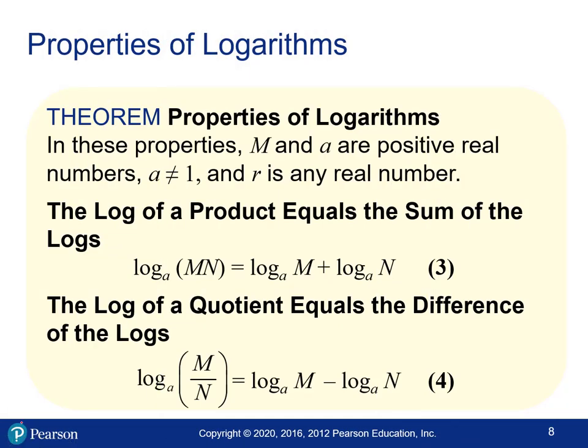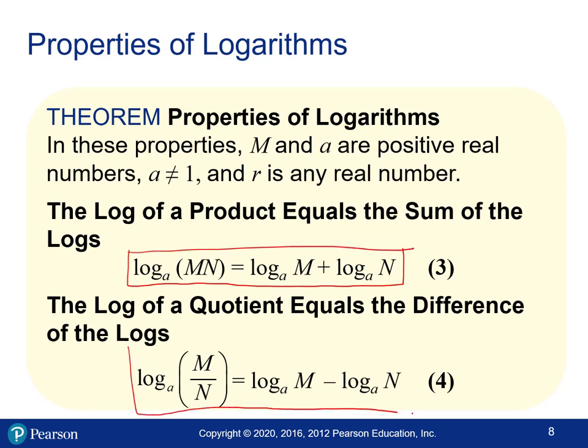All right, here's some more properties, lots of properties. So on these ones, we have the product that equals a sum, and then the quotient that equals the difference. So here's how these two work. Okay, so we're gonna just add these to our list of properties.